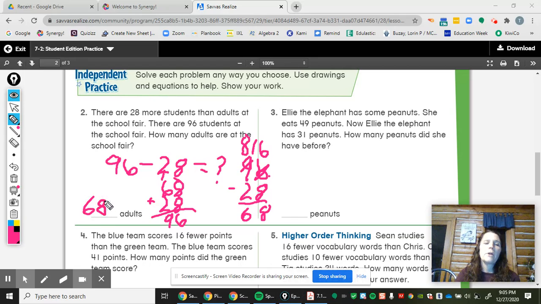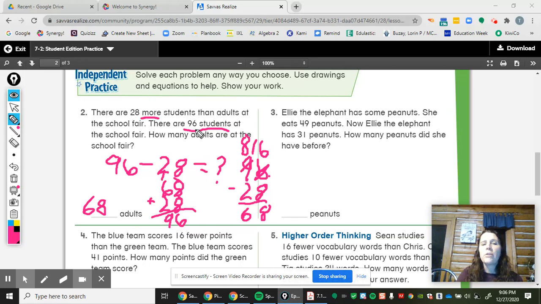Now remember, this one was a little tricky because it said more. And a lot of times when you see more, you think adding. But you have to look and see which one did they say had more. In this case, it said that there were 28 more students than adults, and there's 96 students.